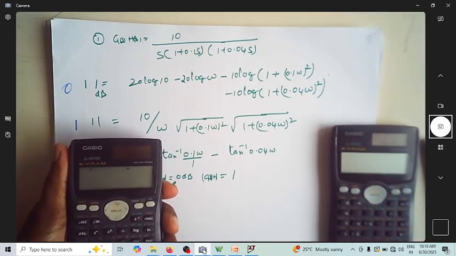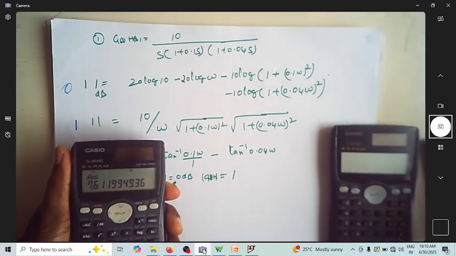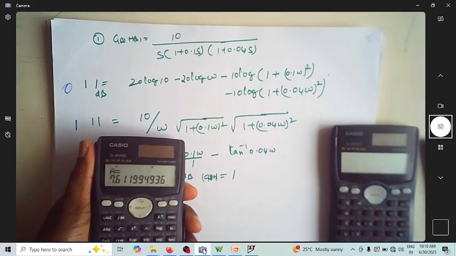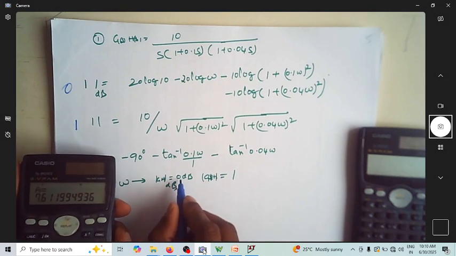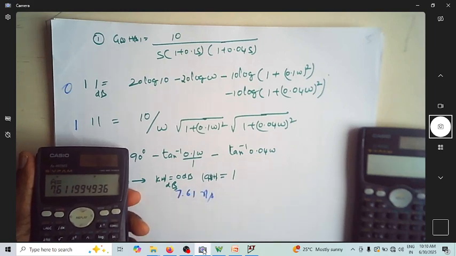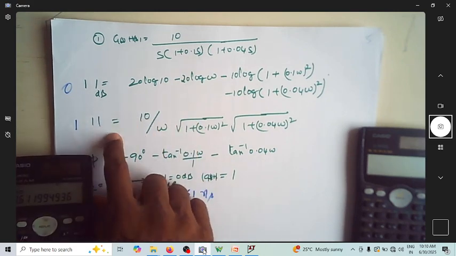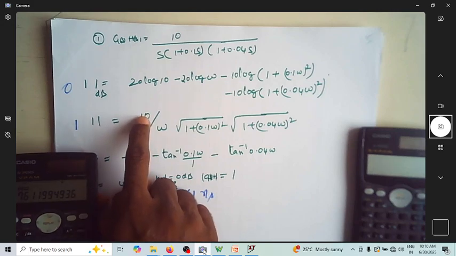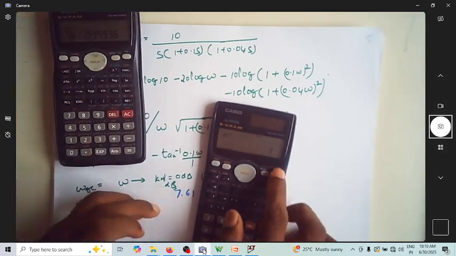So omega GC is 7.61. You can see now omega GC, when I equate it to 0 dB, is 7.61 radians per second. Let me use this and equate it to 1. When I'm equating this to 1, is it not equating this 10 to the denominator? I can do the same thing here. You can see now.